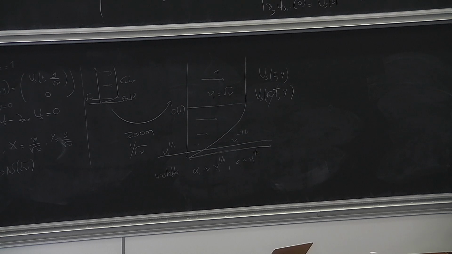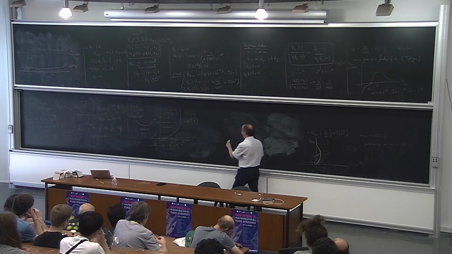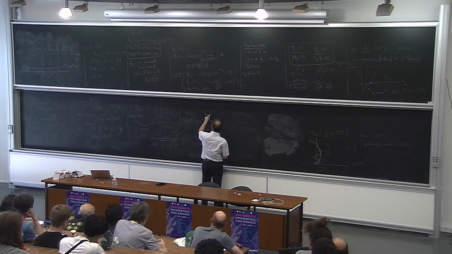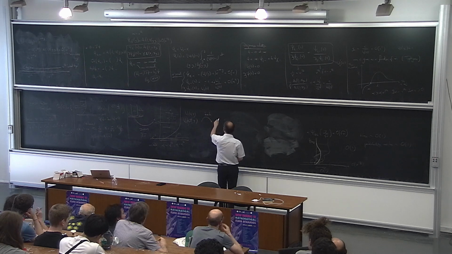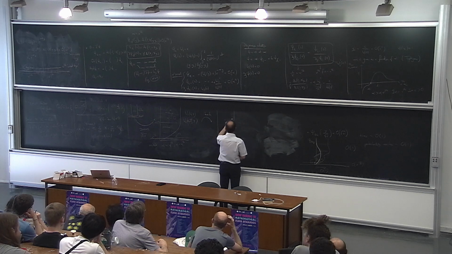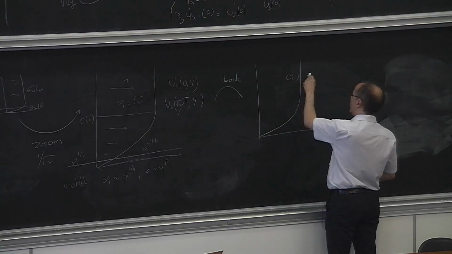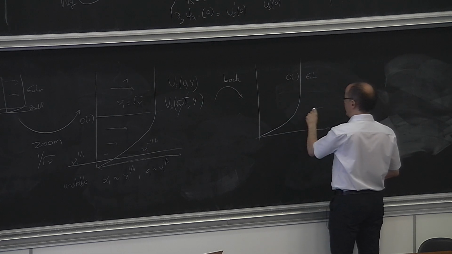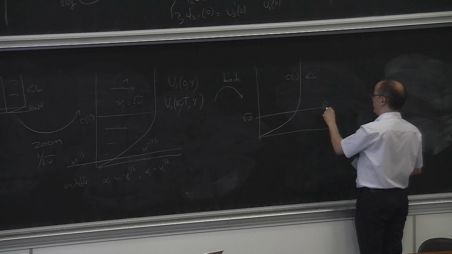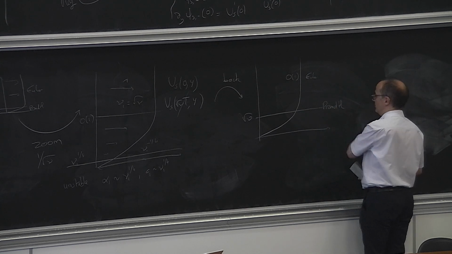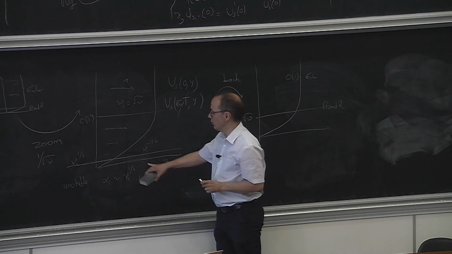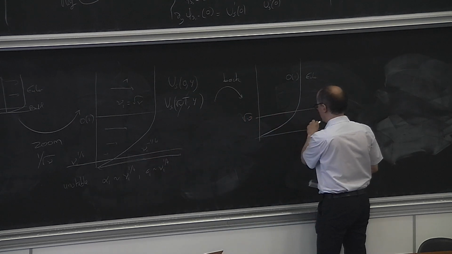So I said that I will make pictures, and I made a lot of pictures. So now I go back to the original variable, and what do I get? I have 1, which is Euler. I have square root of nu, which is the frontal zone. And then I have nu 1, 1/4.